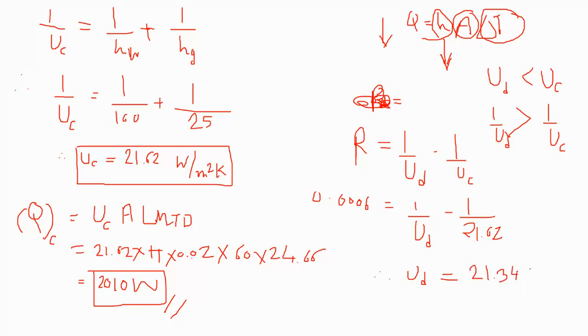And guys, you may be thinking that there is not much change in the U value compared to clean, so there is no impact on performance. But when you calculate the heat transfer, Q for the dirty pipe is equal to U dirty times area, which remains the same, and the same LMTD.